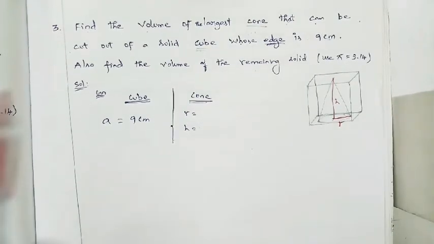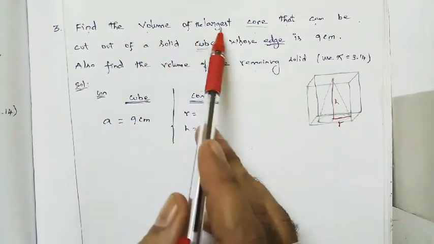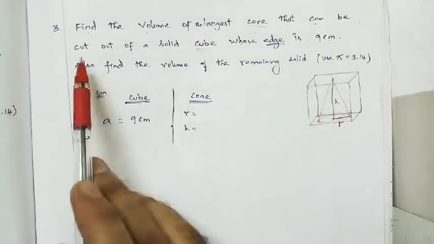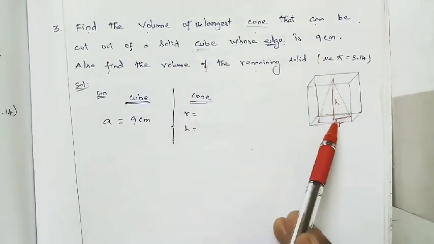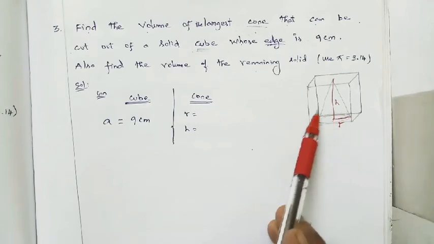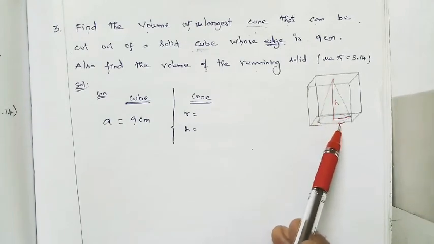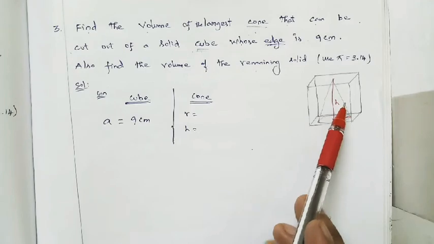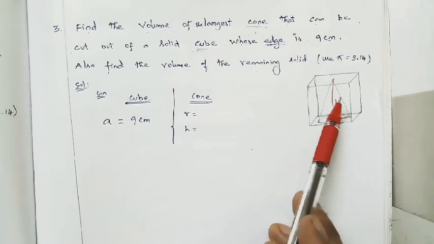See, the volume of the largest cone that can be cut out of a solid cube. So what is the maximum possible cone that has been cut out from the cube, they are asking.